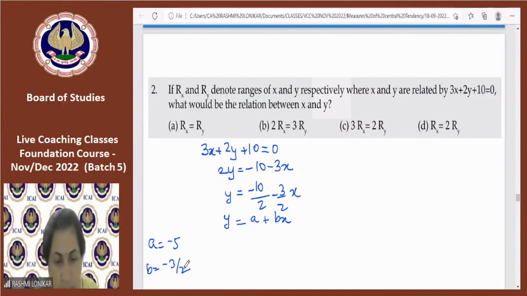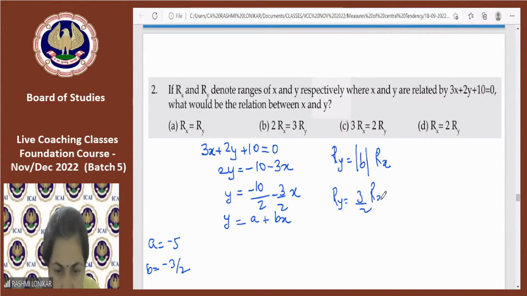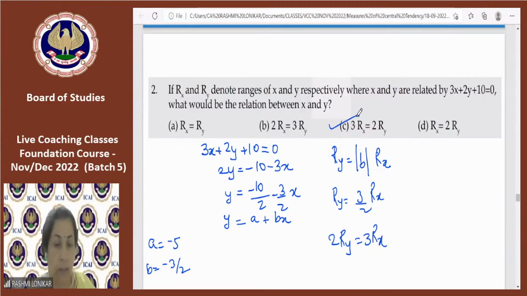So what I know is that range of y will be equal to mod b times range of x. What is b? Minus 3 by 2, but I have a mod, so it will be 3 by 2 Rx. Cross multiplying, I will get 2 Ry will be equal to 3 Rx. So C will be the correct answer.